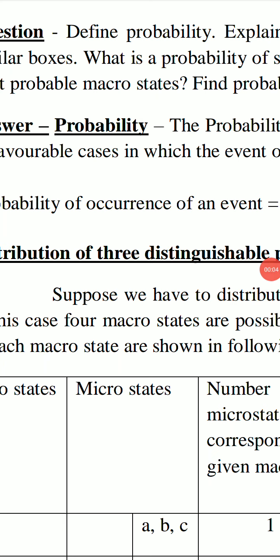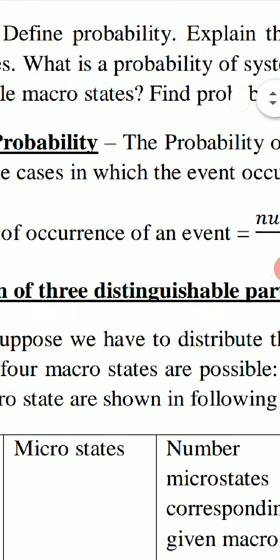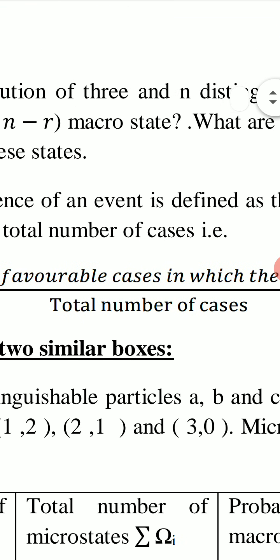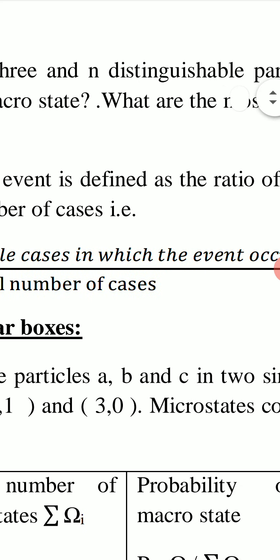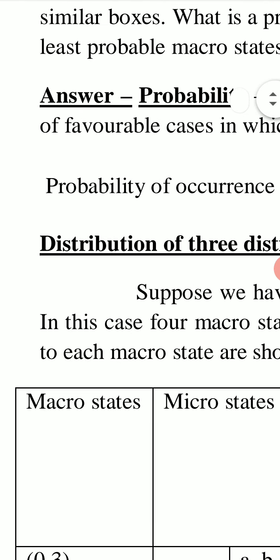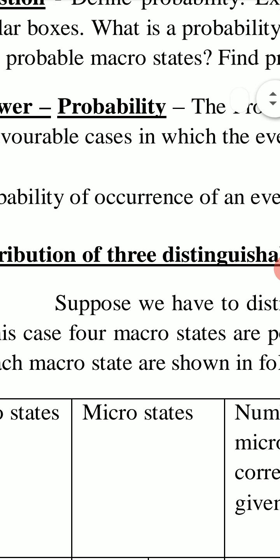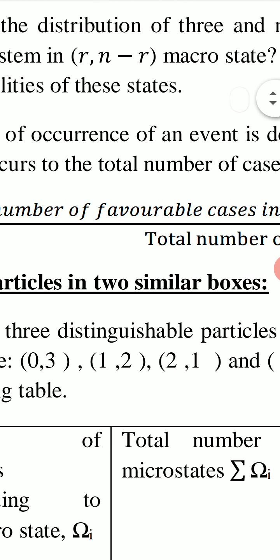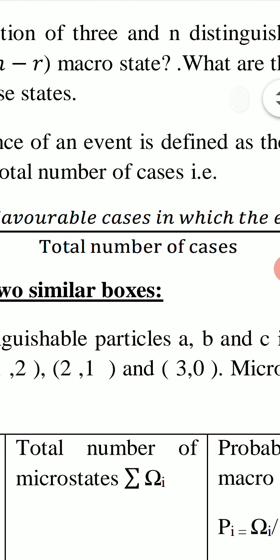First of all, we will define probability. The probability of occurrence of an event is defined as the ratio of the number of favorable cases in which the event occurs to the total number of cases.